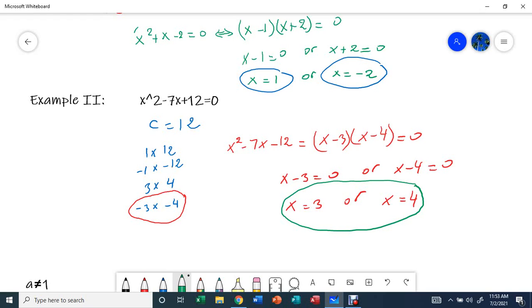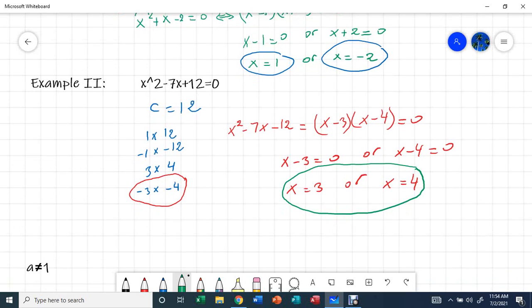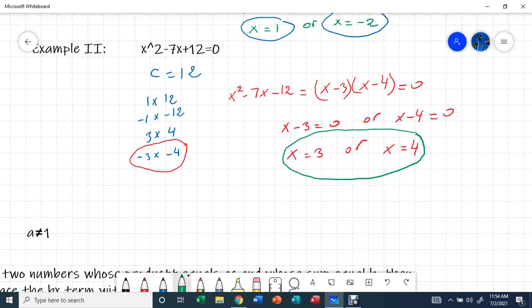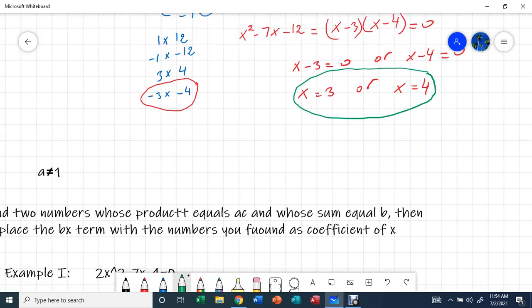Now we are going to see what happens if a is not equal to 1, and that's the second case in the first way, solving by factoring.